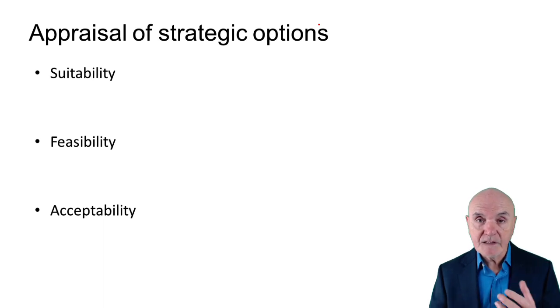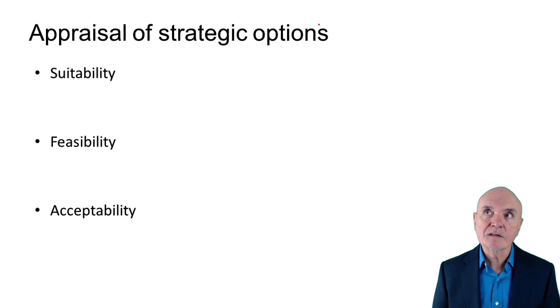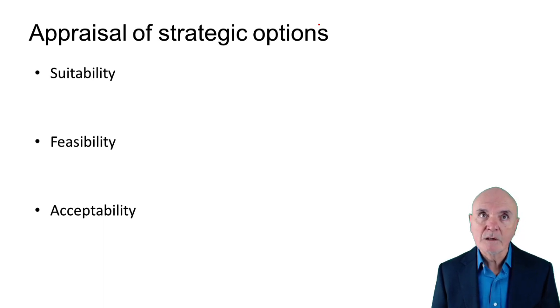And again, it gives you a little bit of a leg up, a little bit of a list. Think about the Internet of Things. Is it suitable? What's meant by suitable? Well, is it catching on? Is it going to be a growth industry?